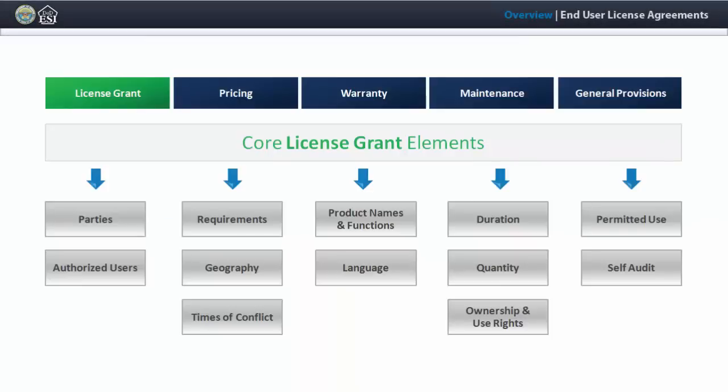Key elements of a license grant include parties, requirements, product names and functions, duration, permitted use, authorized users, geography, language, quantity, self-audit, times of conflict, ownership and use rights.